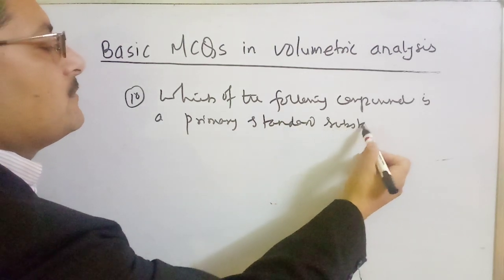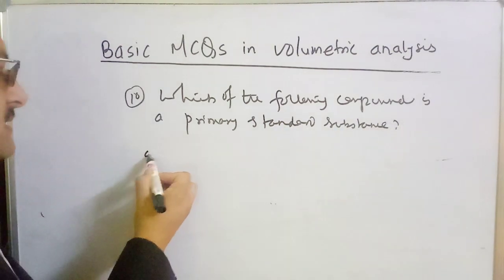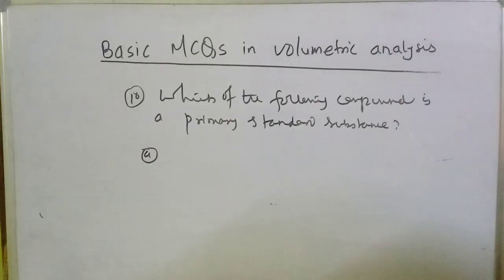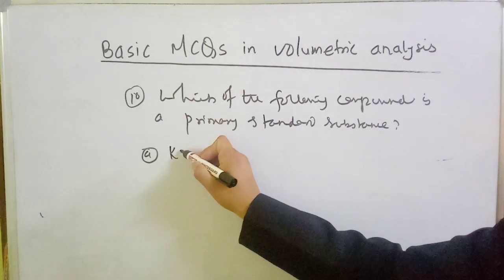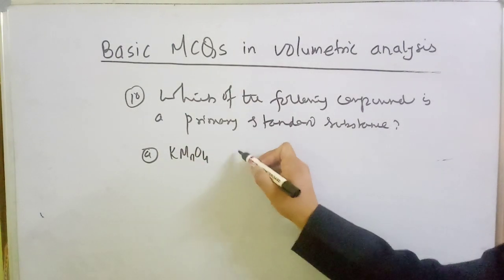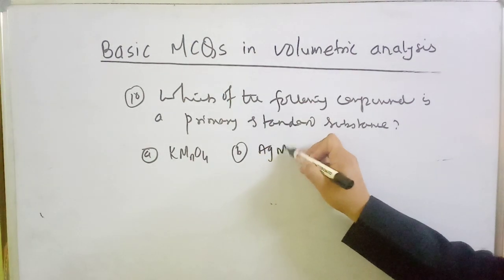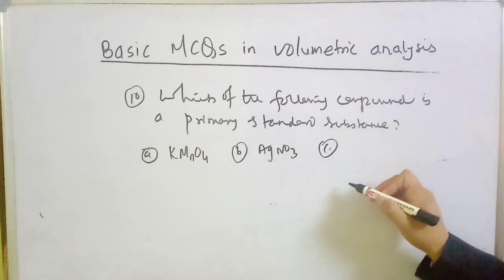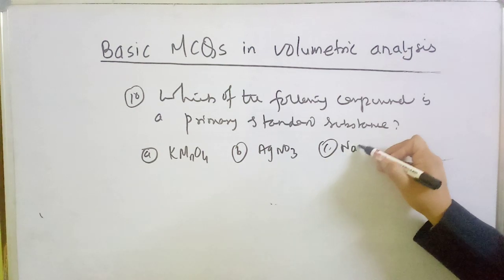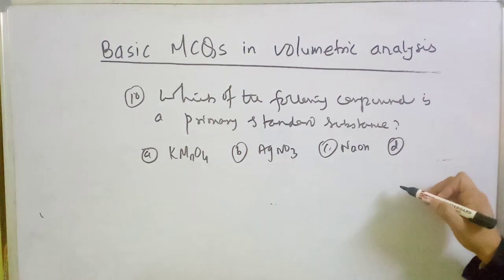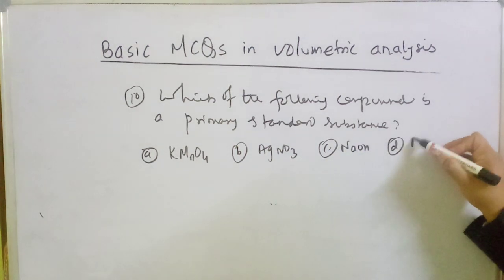You have the options here: A, potassium permanganate; B, silver nitrate; C, sodium hydroxide; and D, anhydrous sodium carbonate.